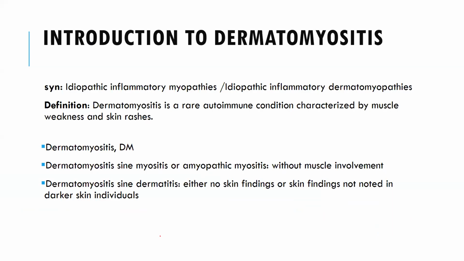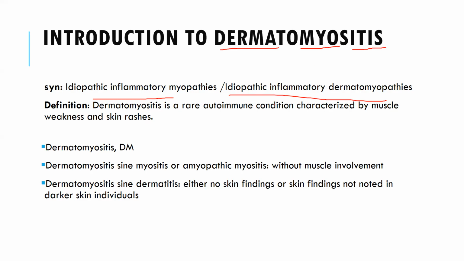Dermatomyositis is also called the idiopathic inflammatory myopathies, or also called the idiopathic inflammatory dermatomyopathies. When you hear the word dermatomyositis, just remember it has derma, which means skin, and then myo, which means muscles, and then itis simply means inflammation. So in this condition, you are having inflammation of the skin and inflammation in the muscles, and that constitutes the components of this condition.